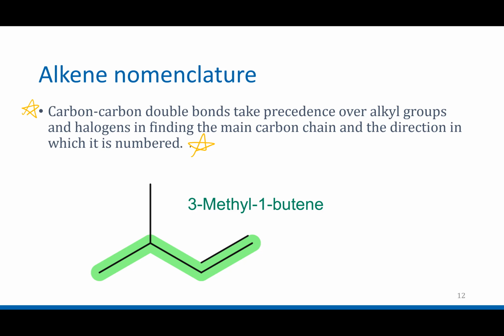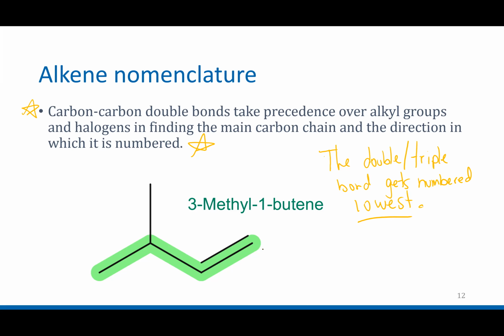So when you're numbering a carbon chain, or an alkene or alkyne, the double or triple bond gets numbered first or lowest. That's really important.